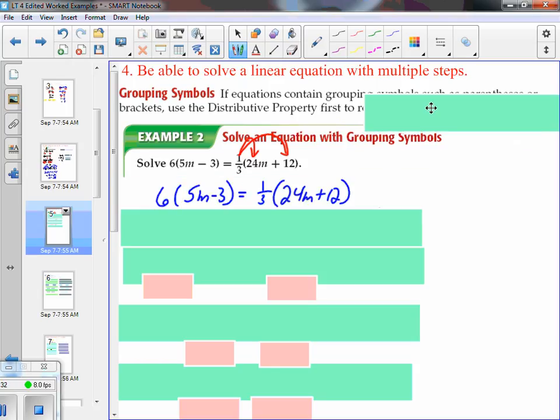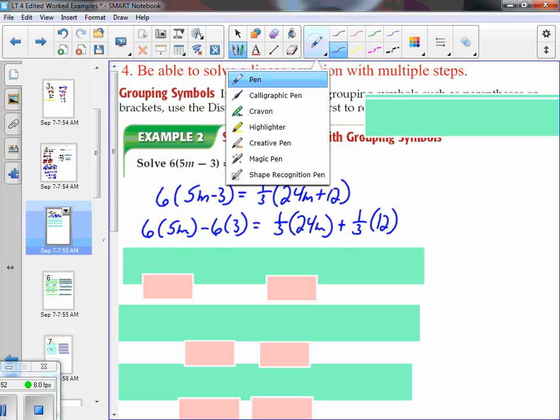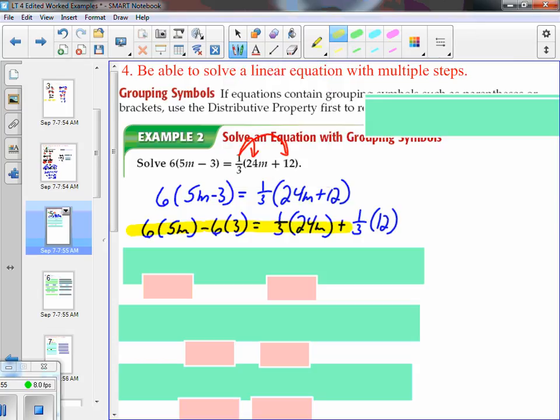All right, so here's my equation. On the left side, let's distribute the 6. And I went ahead and wrote that out. Do we still need to write out the distributive property? I'd rather not. If you need to write it out, if that's helpful, put that line in. If not, this line right here that I just highlighted, if you want to leave that out, I'm fine with that.